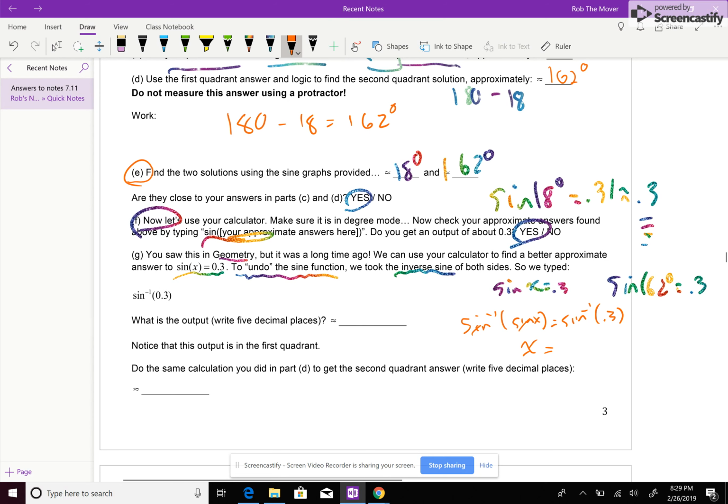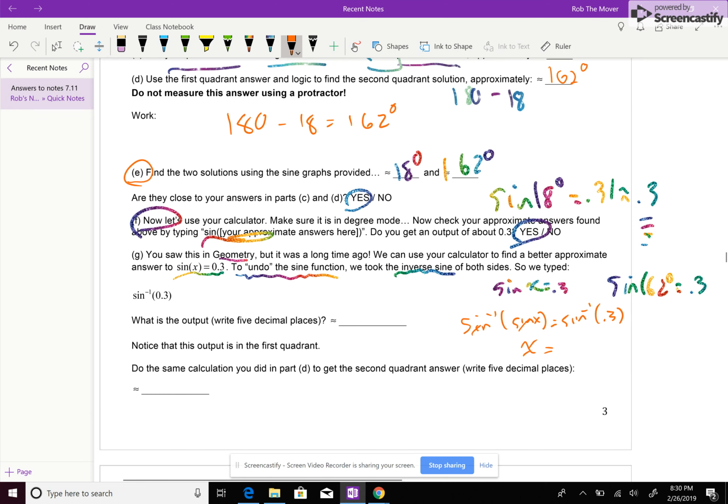Again, in your calculator, inverse sine of 0.3 is 17.45. Let me make sure I'm in degree mode. I'm in degree mode.